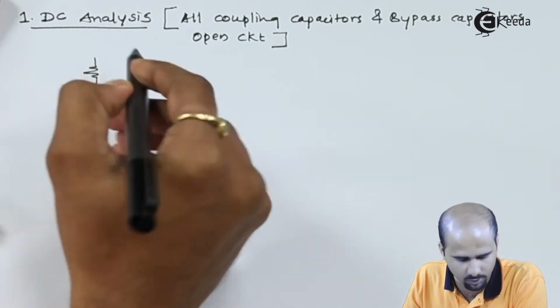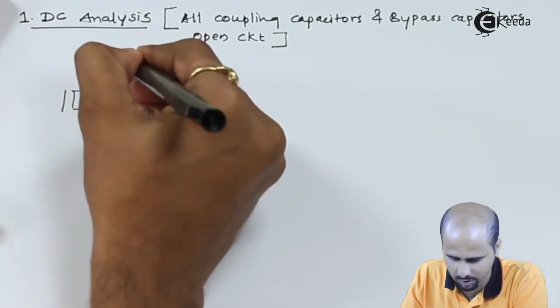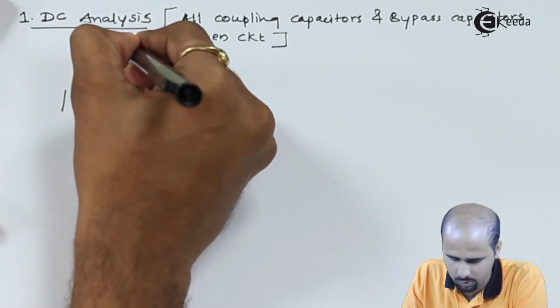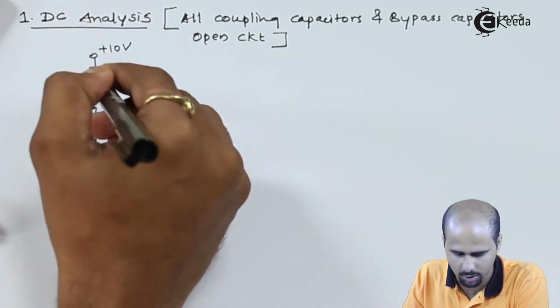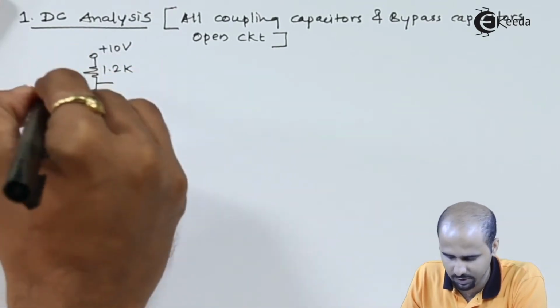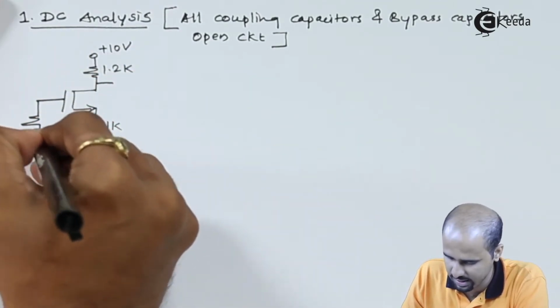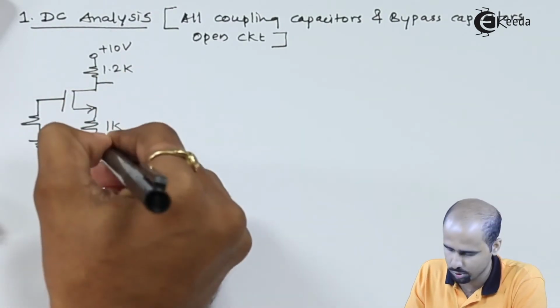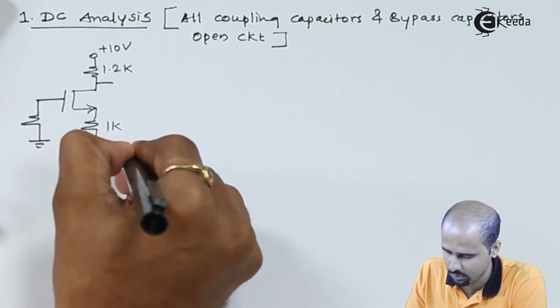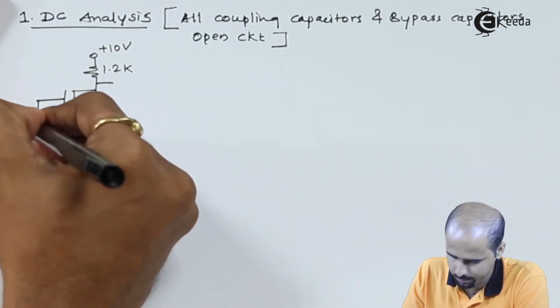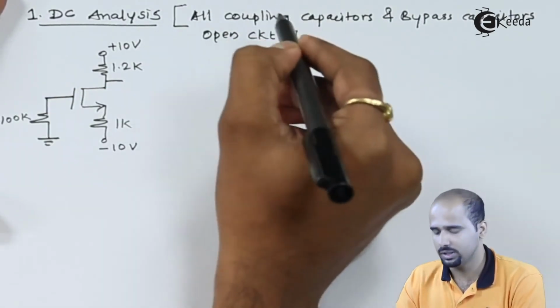So with this we will be getting 1K, this is 1.2K, this is plus 10 volts, right? And obviously we haven't connected this with the input side as well as the output side. So this is your minus 10 volts. Okay, so far so good. 100K.